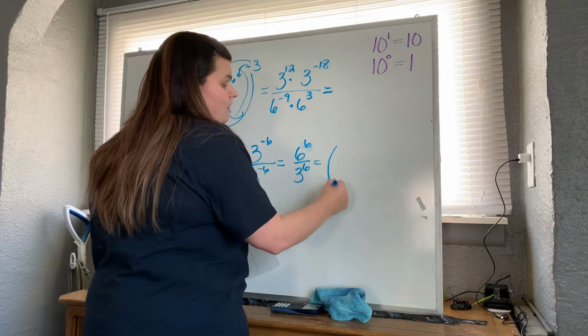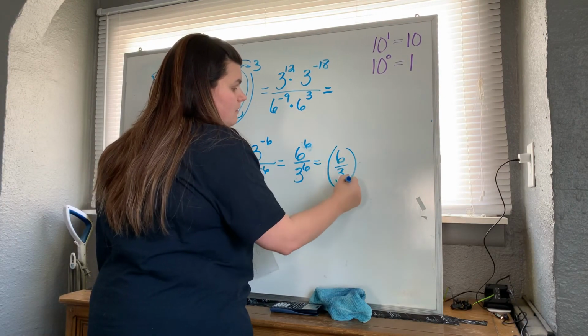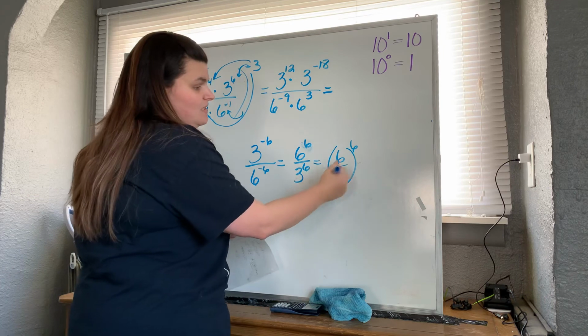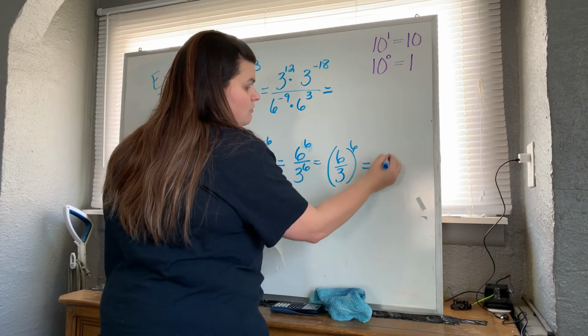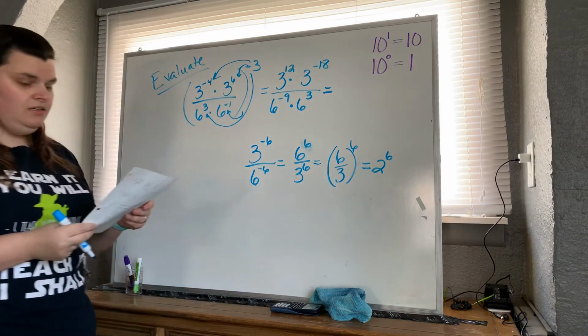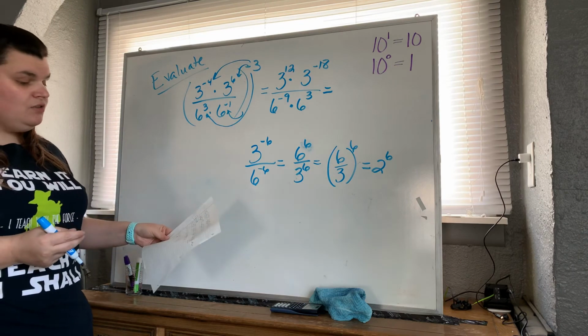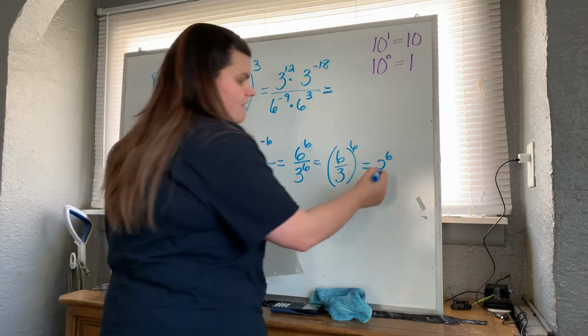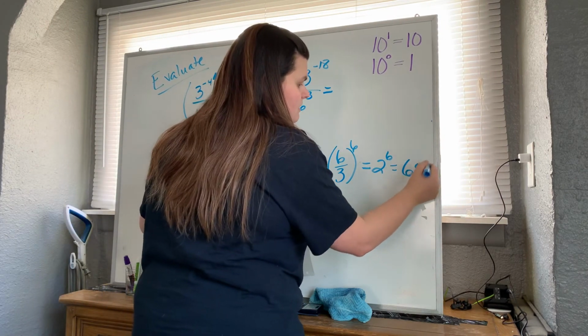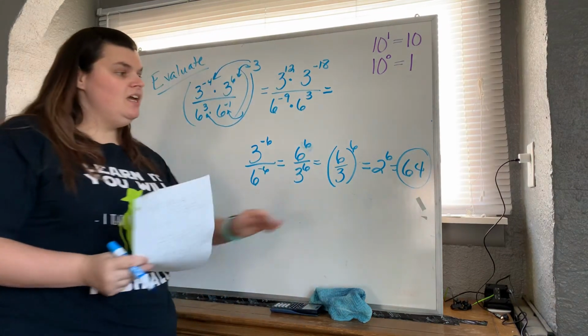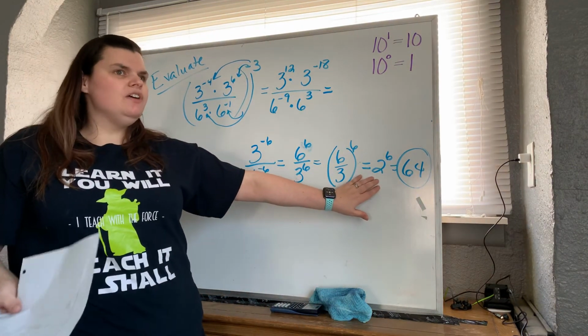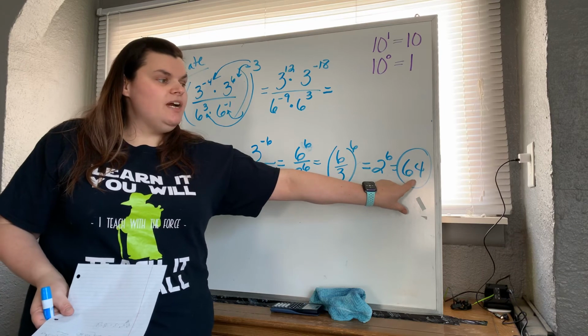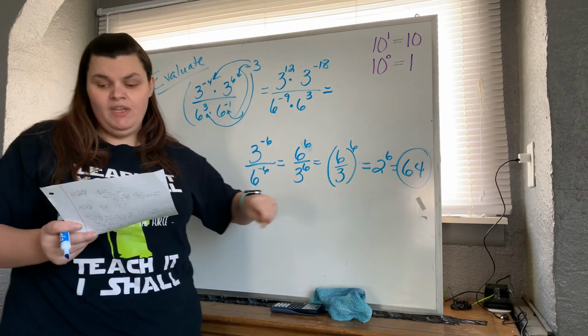Then I'm going to pull it out. And then I'm going to simplify. 6 over 3 equals 2 to the 6th. All right, 2 to the 6th, when I put it in my calculator, I find out that it equals 64. Okay, this is where I stop when I'm just simplifying or giving it to one exponent. This is where I stop when it tells me to evaluate.